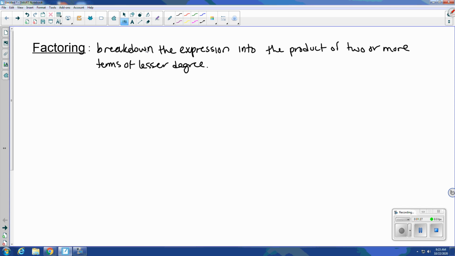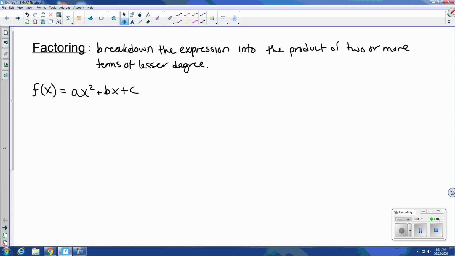Now, quadratics. We've discussed standard form. The degree of this quadratic is 2, which gives it its name of a quadratic equation. So degree 2 equations are quadratics.